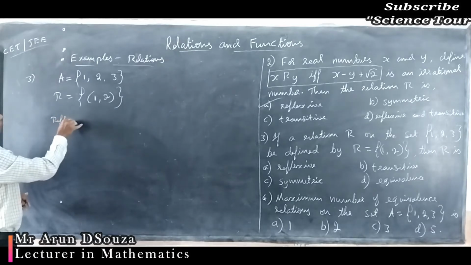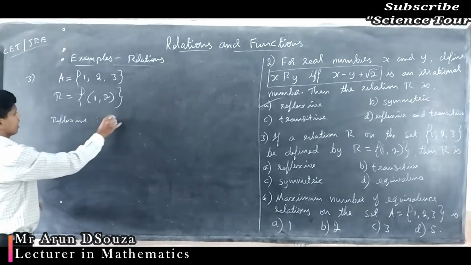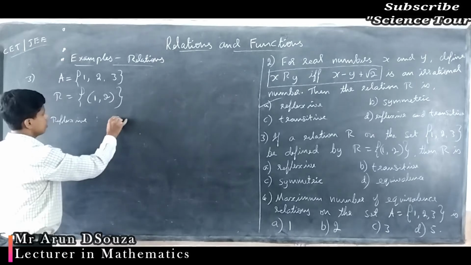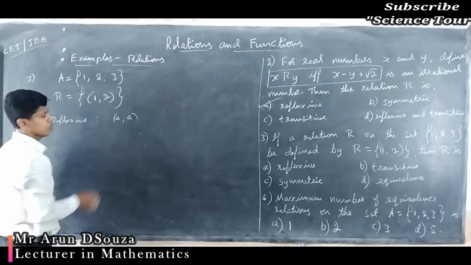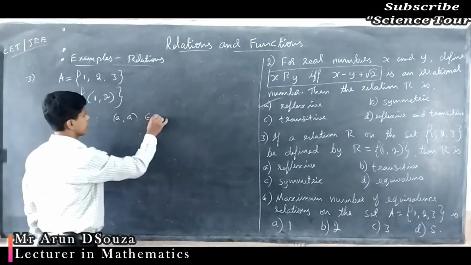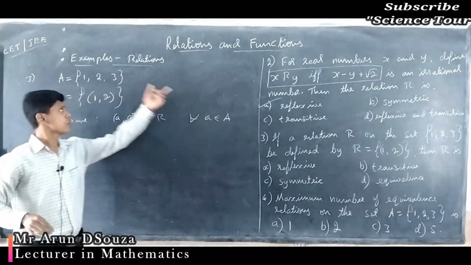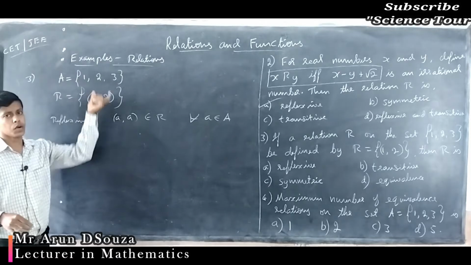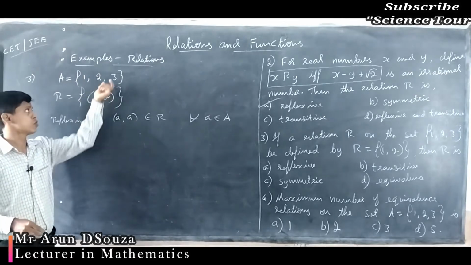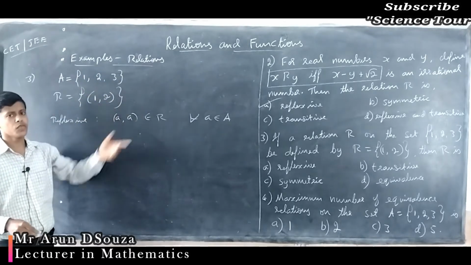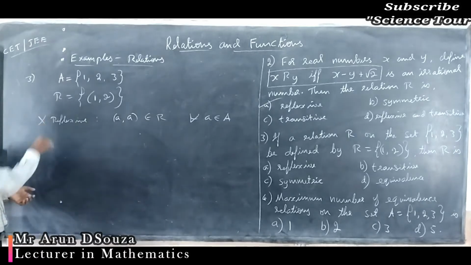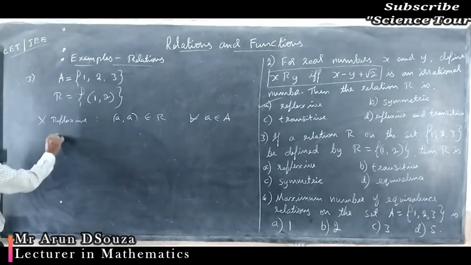To become reflexive, you must have all the ordered pairs of the type A comma A in the relation for every element of A. Now for 1 you must have 1 comma 1, for 2 you must have 2 comma 2, for 3 you must have 3 comma 3. None of them are present, therefore it is not reflexive.